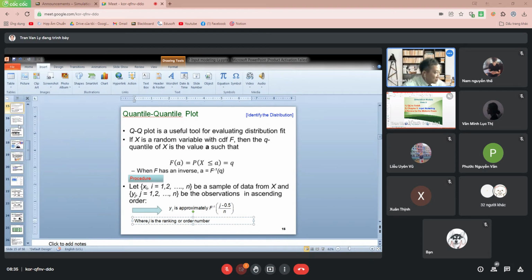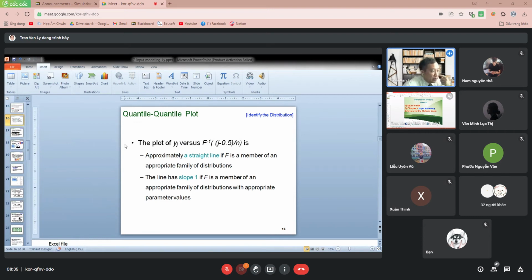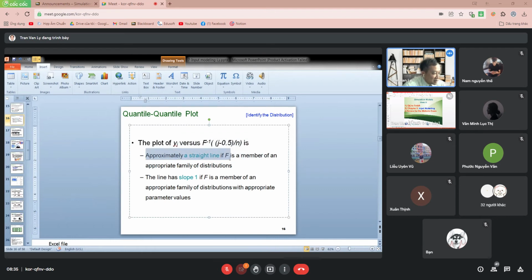So we see the Q-Q plot, which approximates a straight line if F is a member of the appropriate family of distributions. Next, the line has a slope of 1. Very good: not only a member of the family, but it also has the appropriate parameter values. That is the principle.